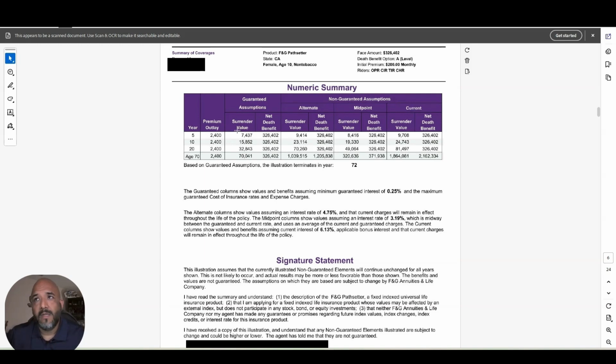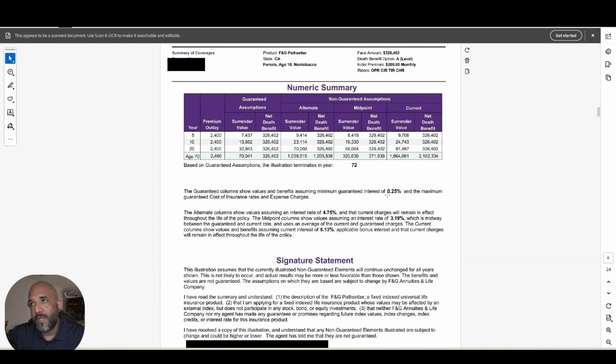These are guaranteed, meaning the money being placed into that is going to help this policy build cash accumulation value. Only gathered enough guaranteed interest of 0.25. This is what she would have at the age of 15: $7,437 with a death benefit of $326,000. 10 years from now, the age of 20, at $200 a month, this is where she would be guaranteed to have $15,000.